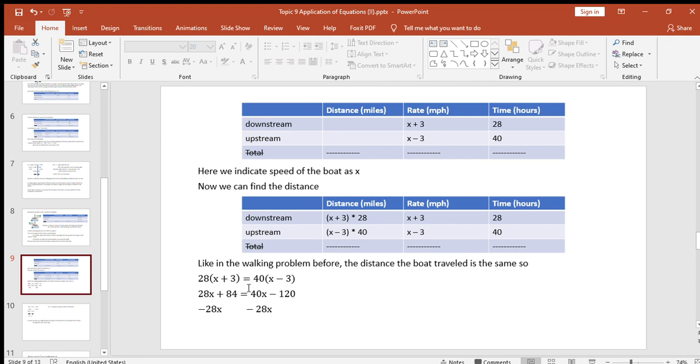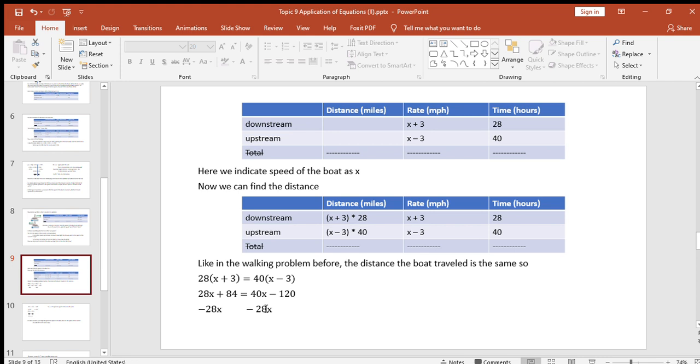Now what do we do? Well, we're going to solve for x. First thing first, distribute 28 on the left hand side and you're going to get 28x plus 84. Now let's move on to the right hand side. Let's distribute 40 to both x and 3 and you're going to get 40x minus 120. Now what do we do when we have variables on either side?